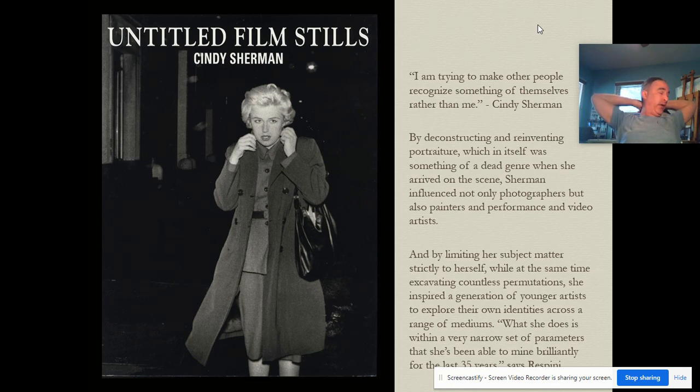Portrait painting pretty much had died off, with the exception of people like Alice Neel and a few California painters. But she was able to reinvent the genre of portraiture by taking into it not an understanding of one person, but an understanding of a type of person or a gender.